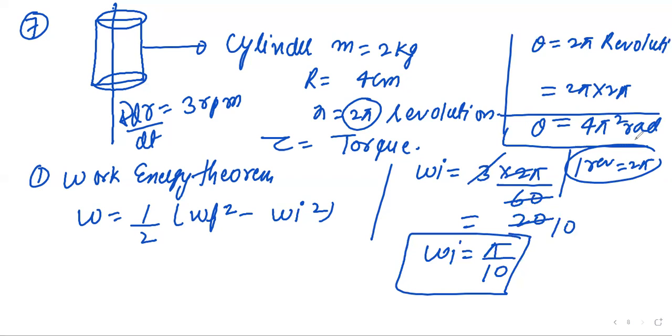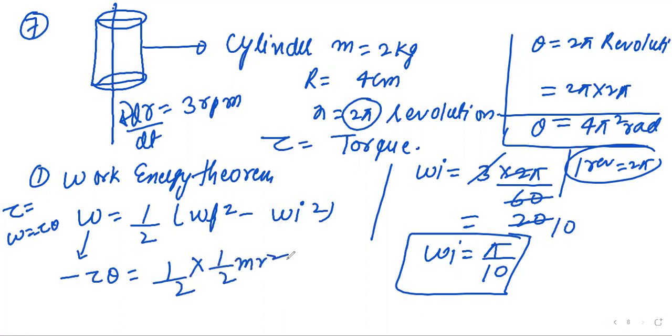Now put the value. As we know, work is nothing but torque into theta, minus of that. So here put minus torque theta equal to 1 upon 2, into 1 upon 2 m r square.